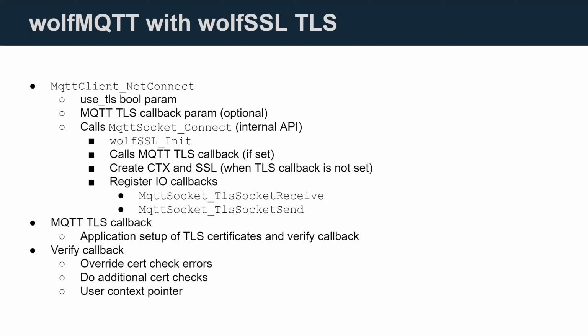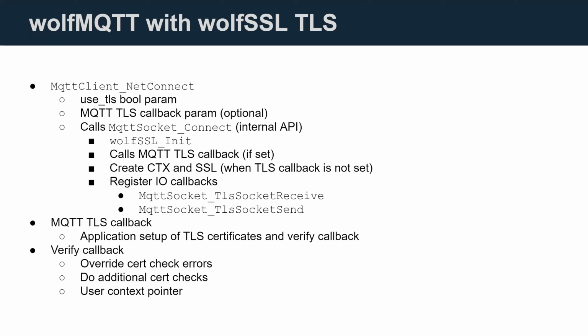A call into the socket component initializes wolfSSL and calls the passed-in TLS callback if it was provided, else the default TLS settings are used. Then the socket receive and send functions are registered with wolfSSL. At this point, all MQTT library IO will be piped through wolfSSL using a secure connection.